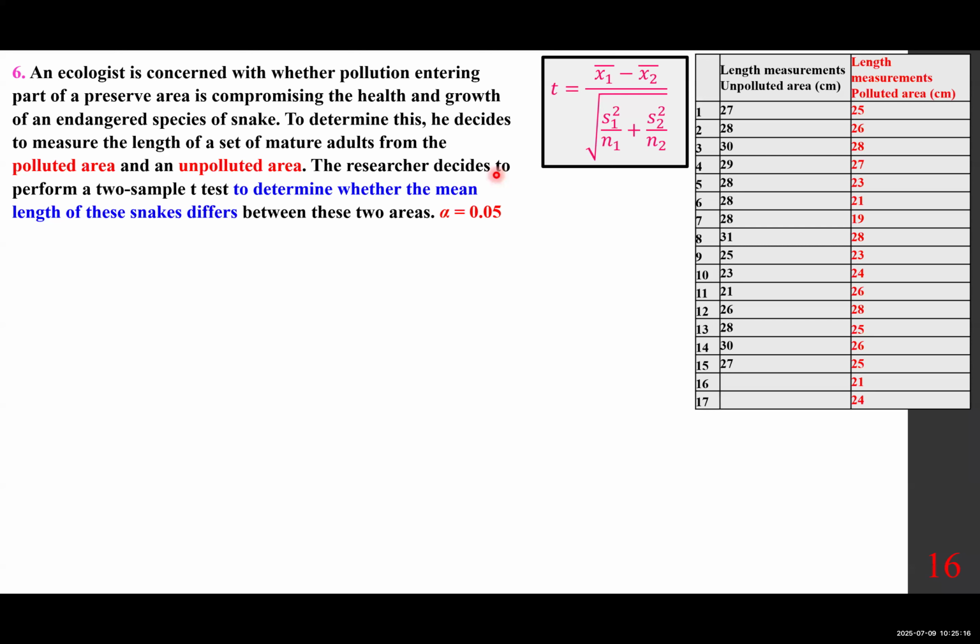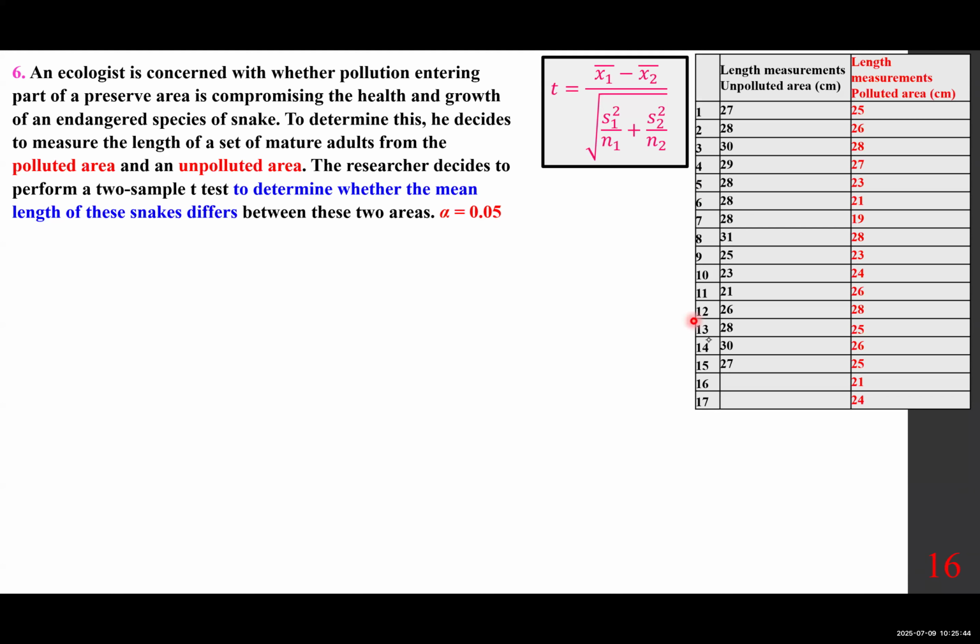The researcher decides to perform a two-sample t-test to determine whether the mean length of this snake differs between these two areas with the alpha of 0.05. As far as alpha is concerned in science, unless it's medicine, it's almost always 0.05, even if it's not mentioned. So let's do the math.